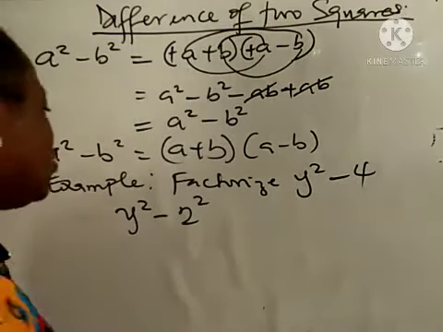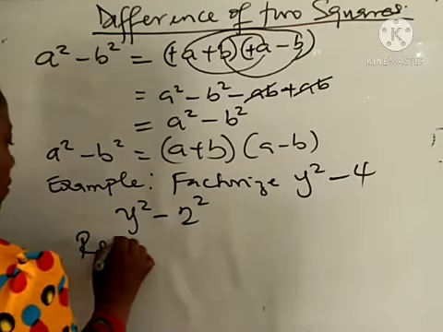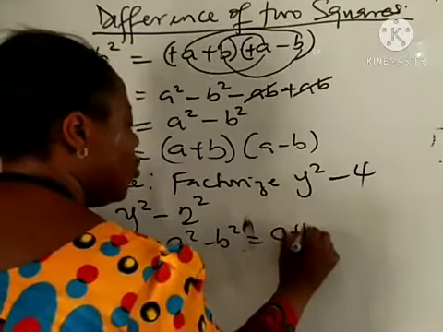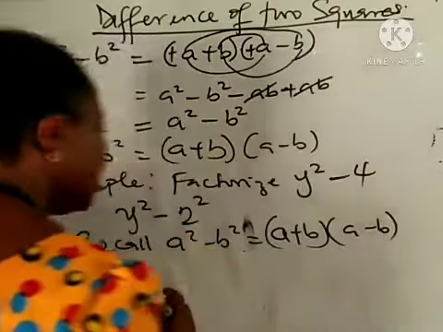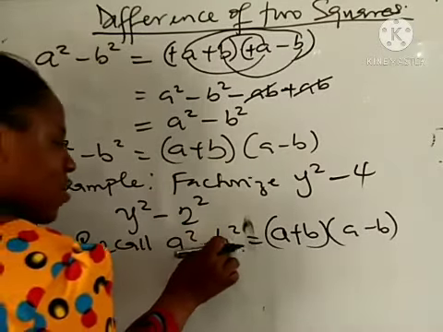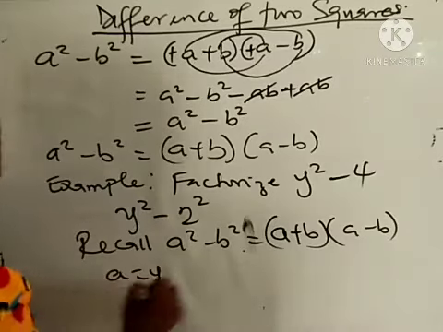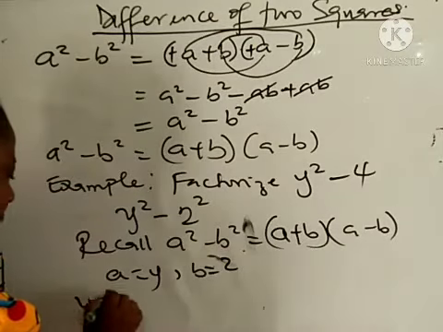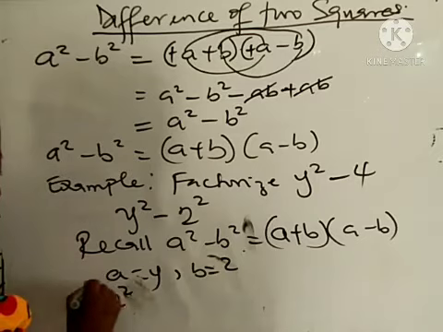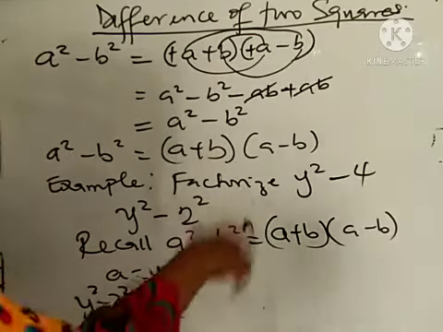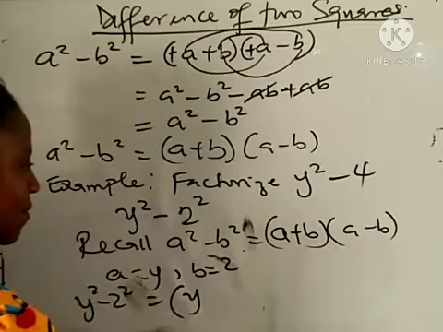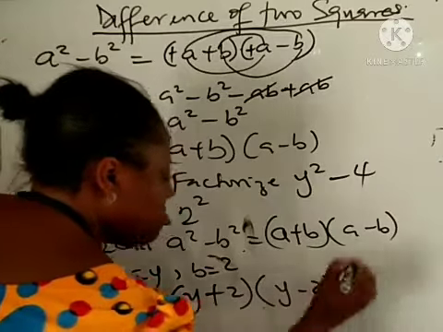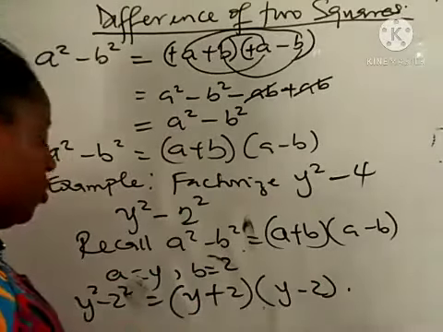So I can now say, recall that a square minus b square will give us a plus b, a minus b. So if I compare this a square minus b square with this, that means my a is y and my b is 2. So I can now say y square minus 2 square will give me, anywhere I see a, I will put y, and anywhere I see b, I will put 2. Y plus 2, y minus 2. That's the answer. Do we get it from here?